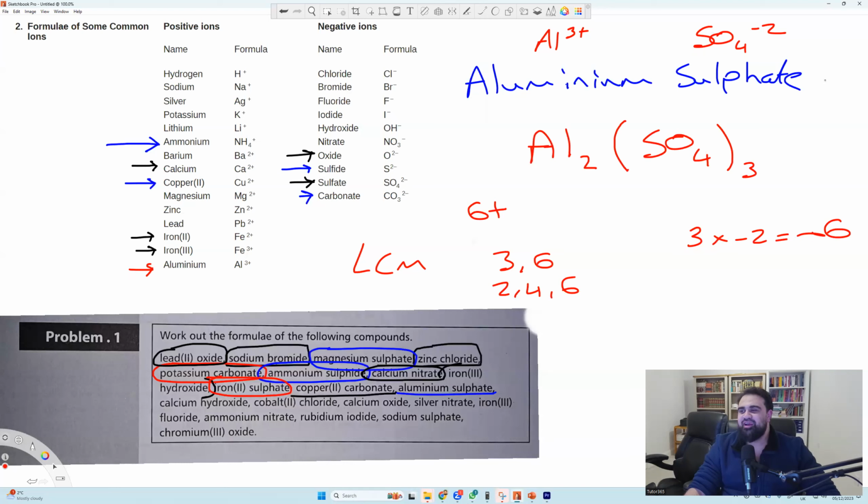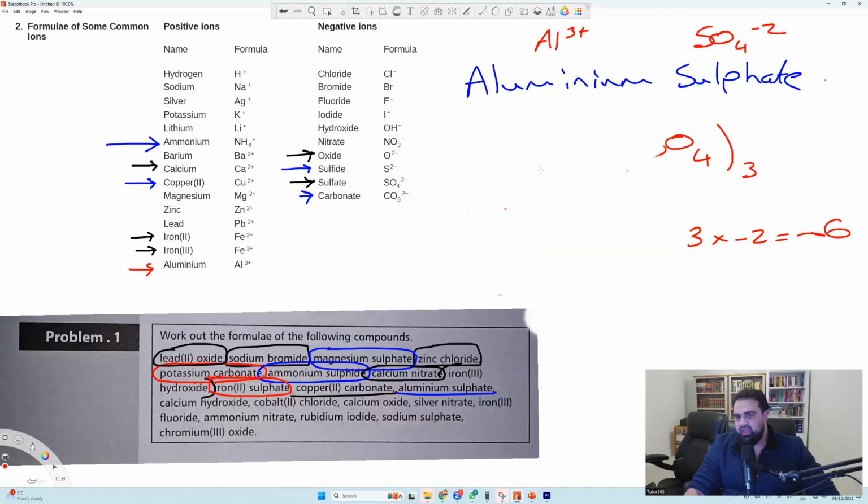I just want to confirm, did you understand that, Rachel? Okay, look, I'll explain it one more time. Aluminium makes a what charge? It makes a 3 plus charge. Sulfate makes a 2 minus.